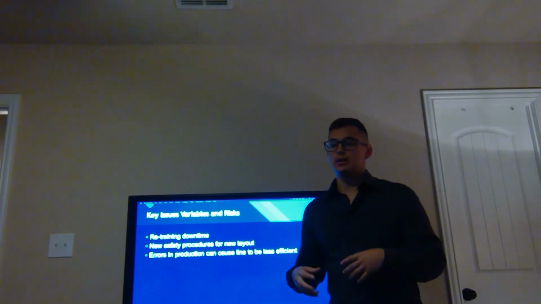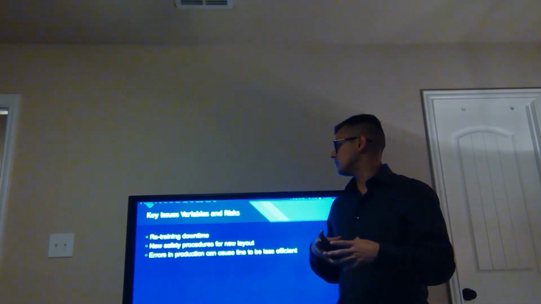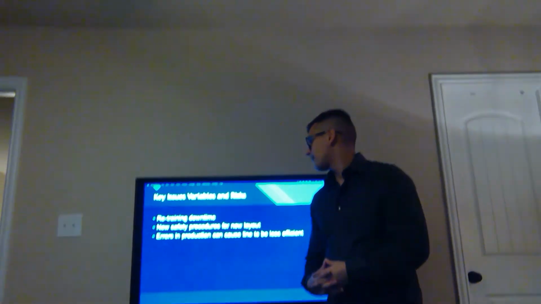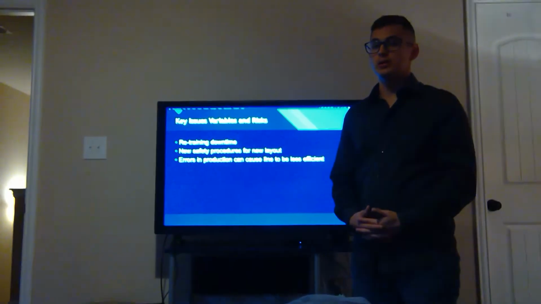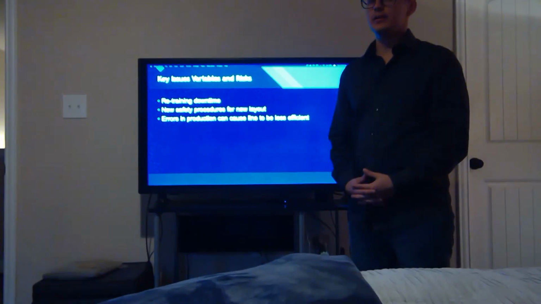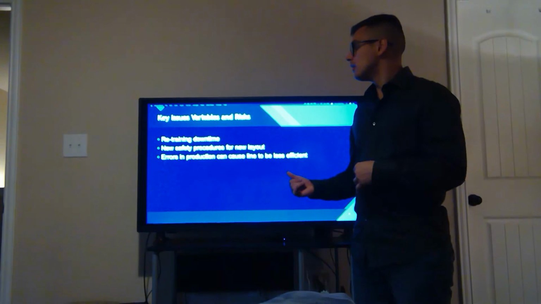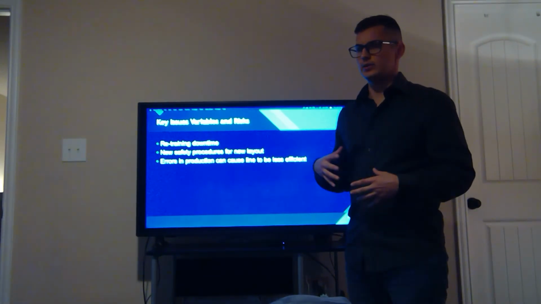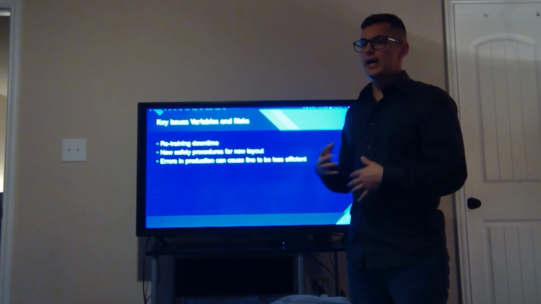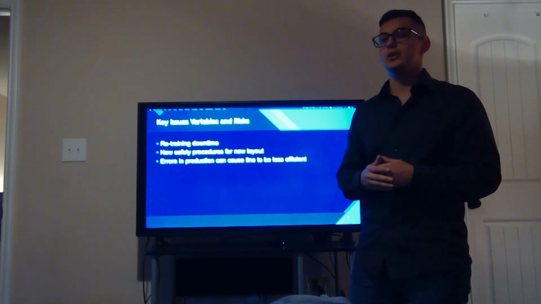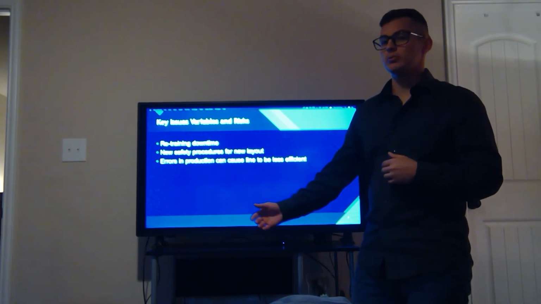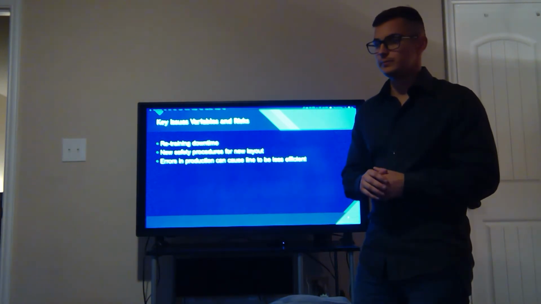Since the layout is a little bit different than the other layout, we are going to have to implement a couple of new safety protocols as well. And we do expect there to be some errors in the production because it's a new line, and there's typically going to be a couple bad products that come out of that line before we start getting some good products. But after a given amount of time, we're going to be running nothing but good products, and it's going to be profitable.